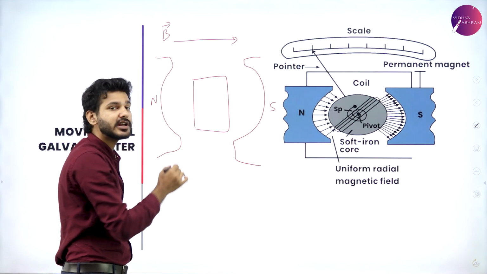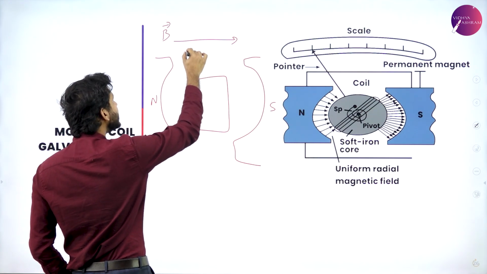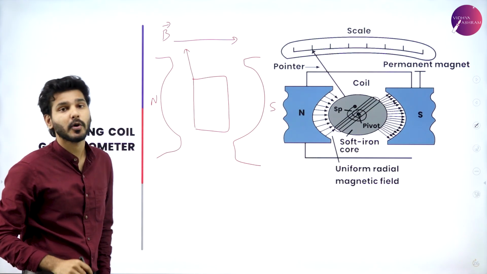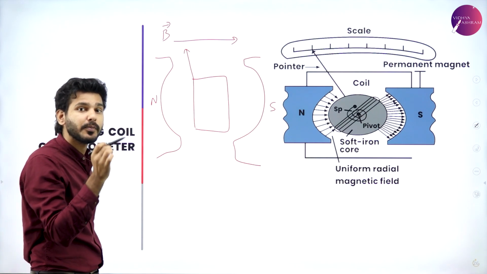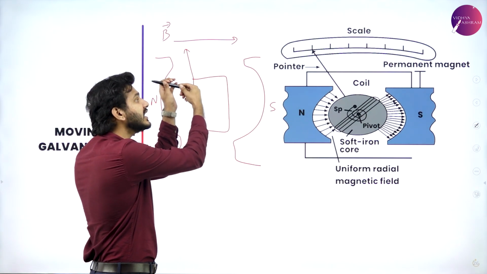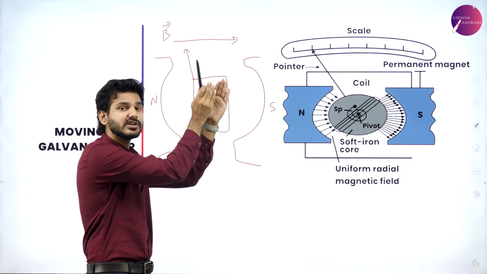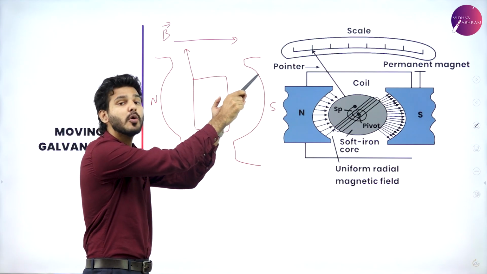Now, when this particular coil is going for a spin, what if I attach a needle to it, or basically a pointer? If I attach a pointer to it, as soon as it starts to spin, the needle will also move along with it. That is, in the direction of the spin, the needle will also move away.